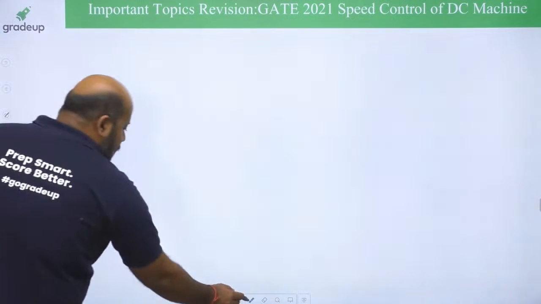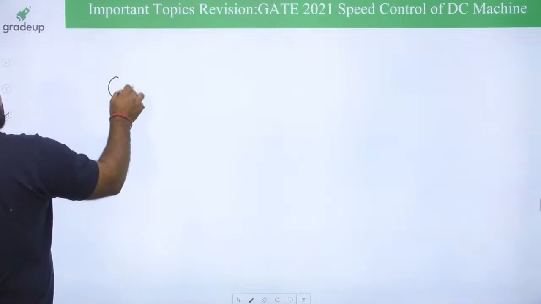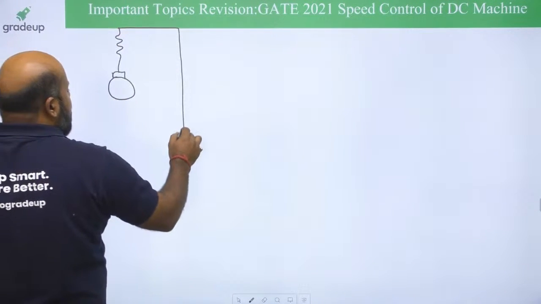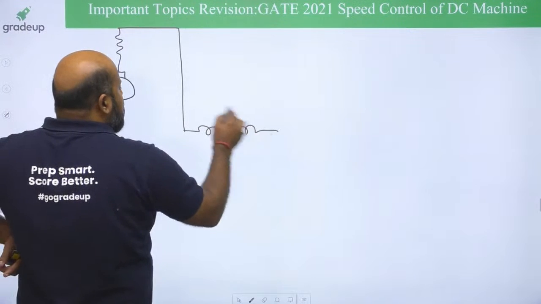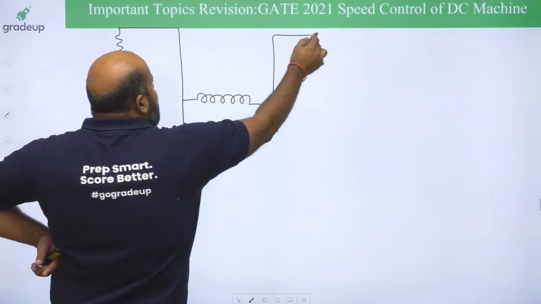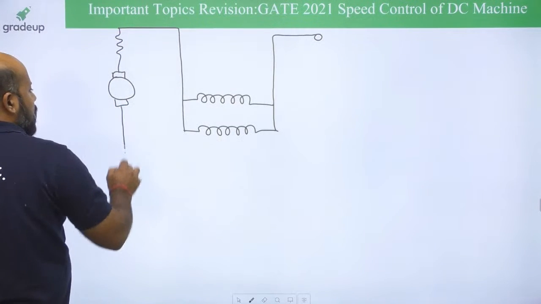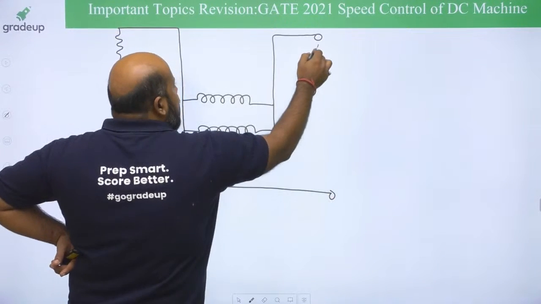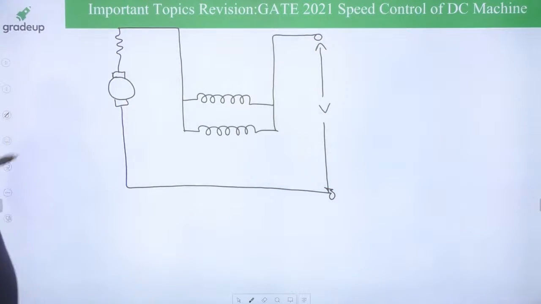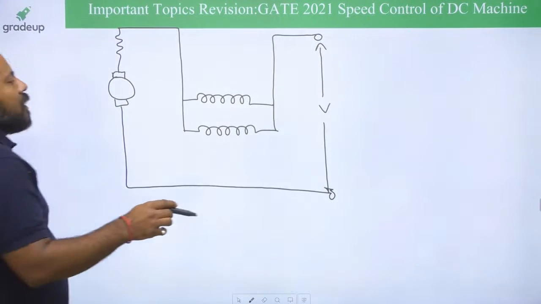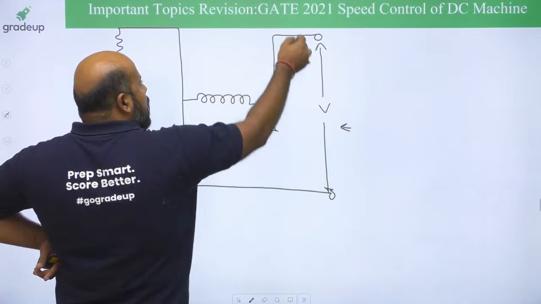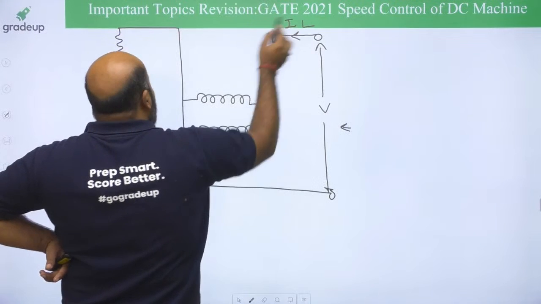Now suppose I am going to connect them in parallel like this. One thing you have to understand: during this series and parallel combination, you are not changing the power taken from the supply voltage and the current you are assuming same.